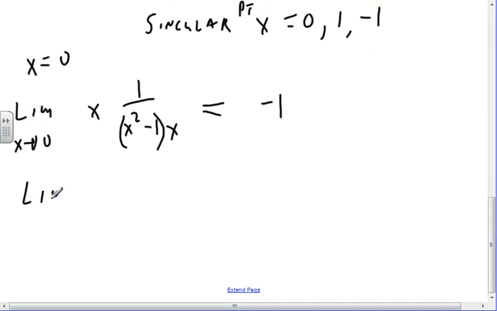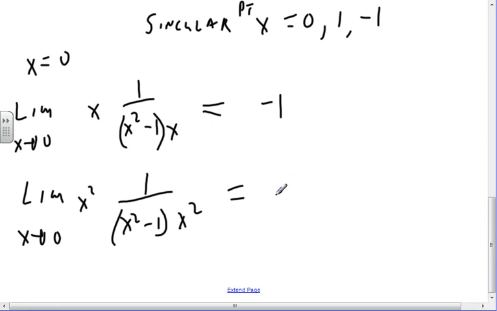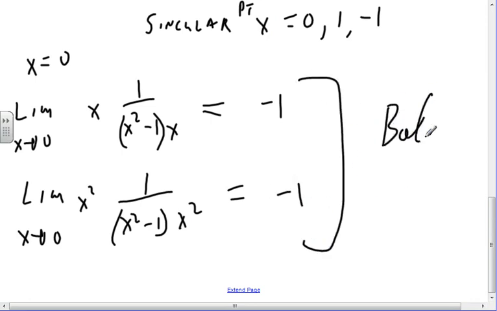And I look at the limit as x approaches 0 of x squared times 1 over (x squared minus 1) x squared, and I find that that is minus 1. They both exist. Therefore, I have a regular singular point.